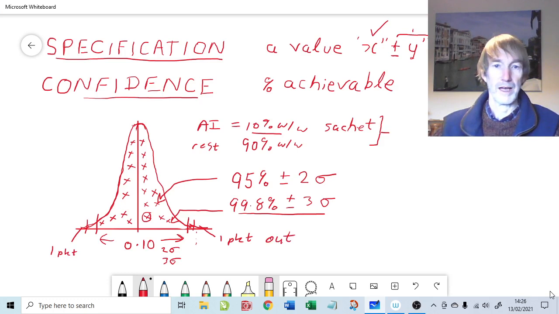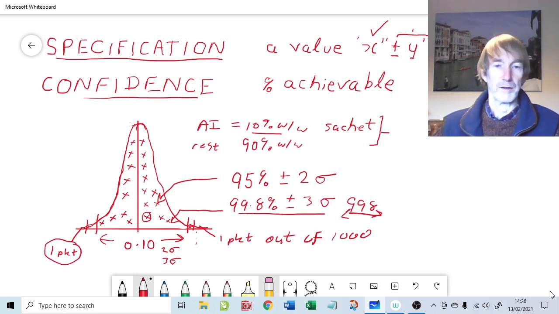So that's out of 1,000 packets, because 99.8 means we've got 998 inside that specification, but we know we're going to have one up here and one down here.